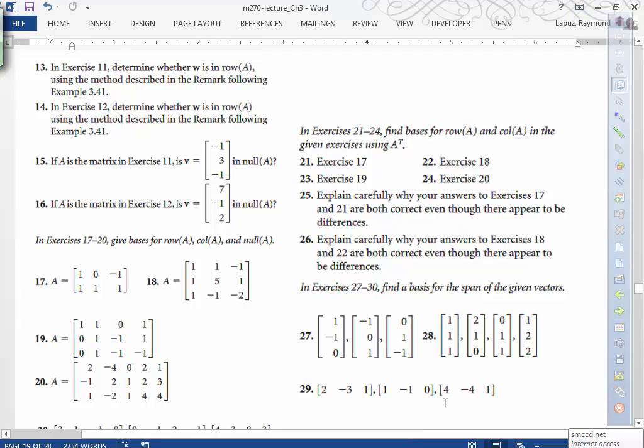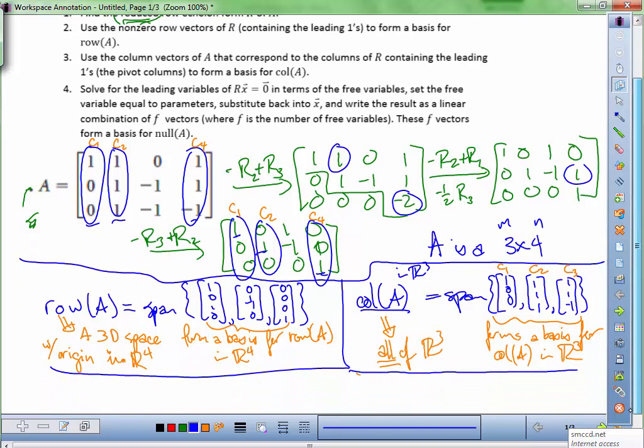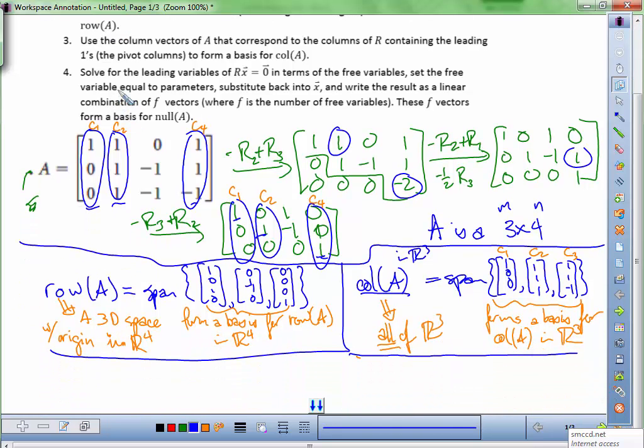All right. Anyways, let's go back to this since we're out of time. Now the last bit. The three things that we can get out of a matrix are the row space, the column space, and then the null space. So solve the leading variable, Rx equal to 0, in terms of the free variables, and set the free variables equal to a parameter, substitute and all that stuff.